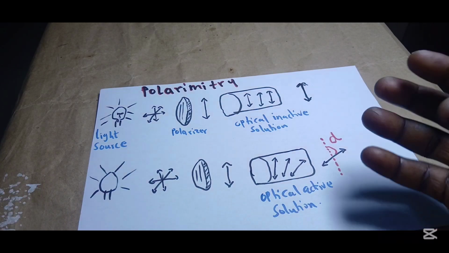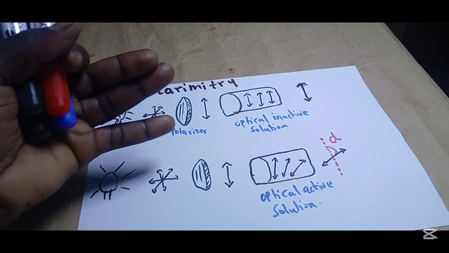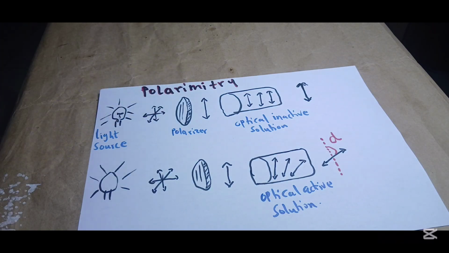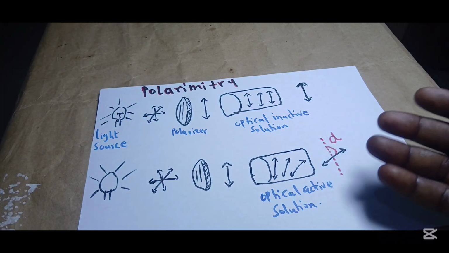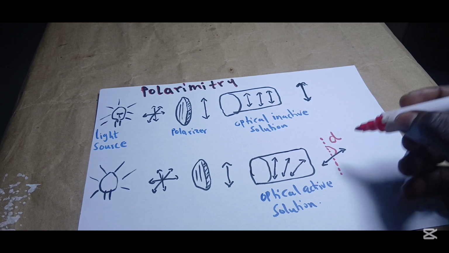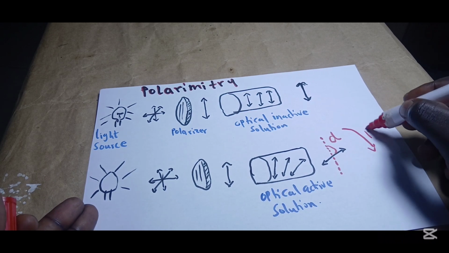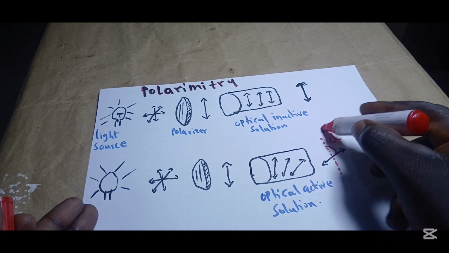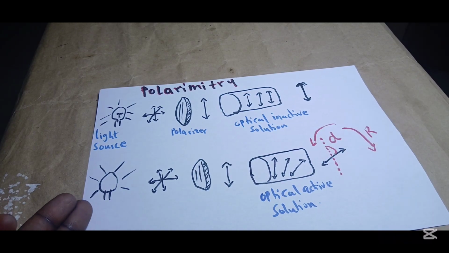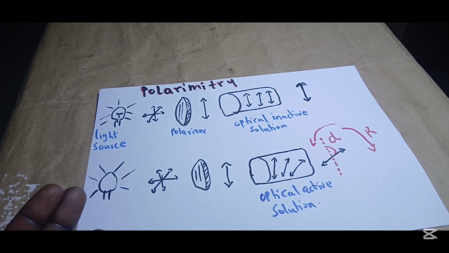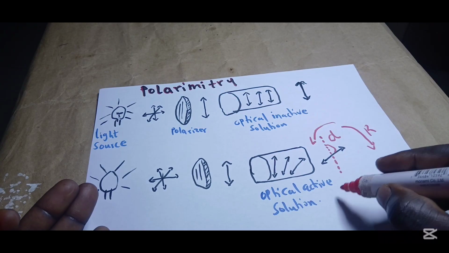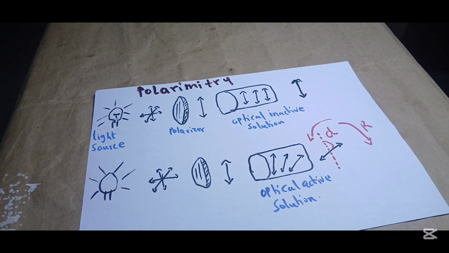If you are given a solution and you pass a polarized beam of light through it, the beam may form an angle turning to the right hand side, or form an angle turning to the left hand side. To the right hand side, we call it dextrorotatory.